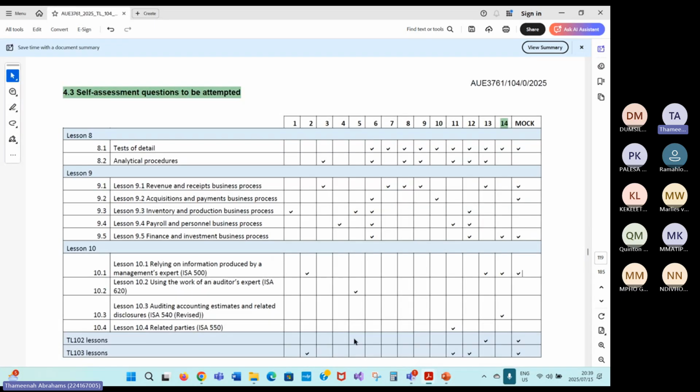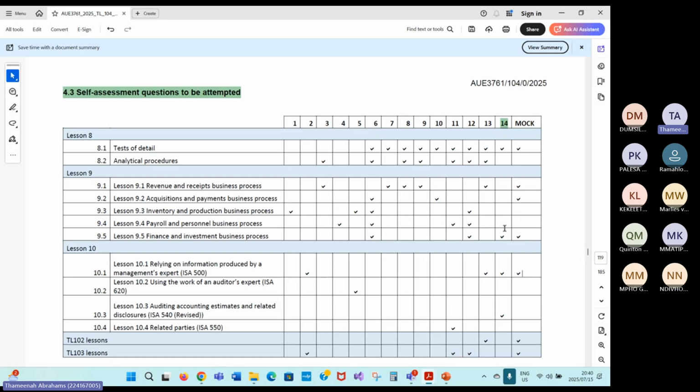Now, the other thing I want to show you. This is on page 119 in your TAT 104. Here you can see what question addresses what topic. So please, guys, work through these questions. I was going to work through question 14 tonight, but we don't have time.